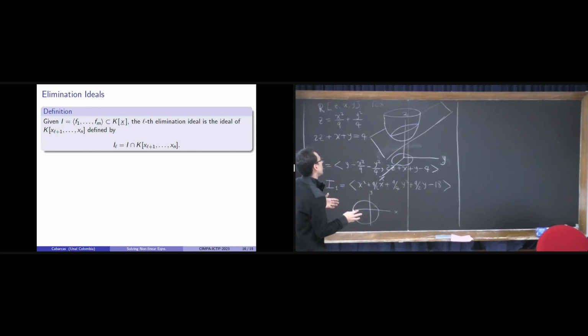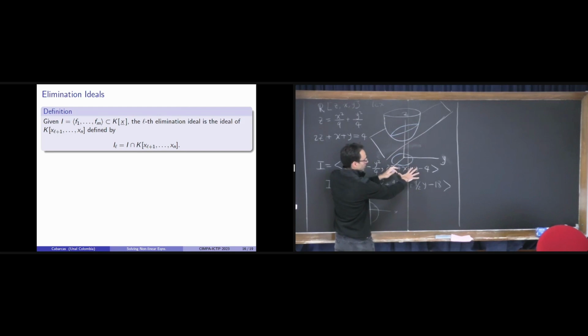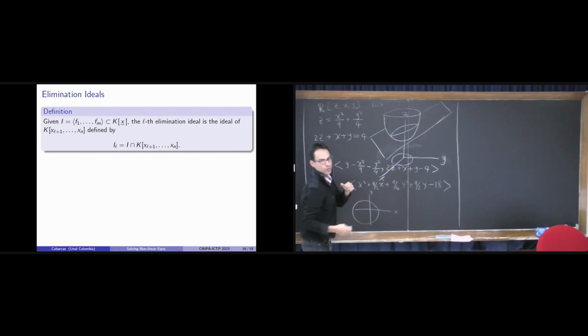And this also suggests how to solve the equations. If we eliminate one variable, then we can take each solution in the xy plane and try to lift it to the next variable.